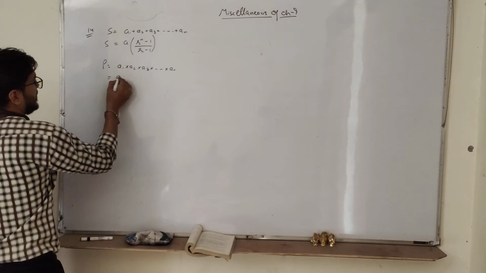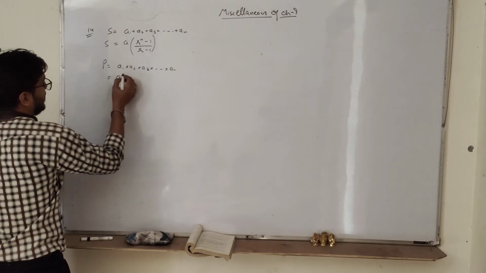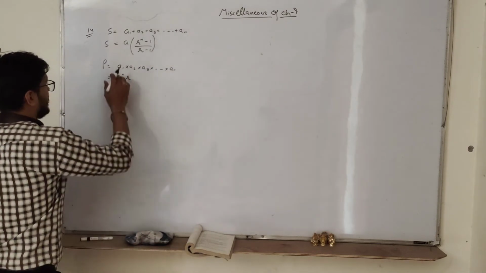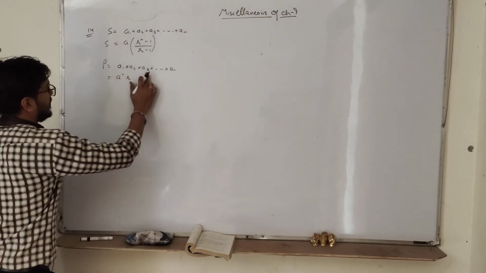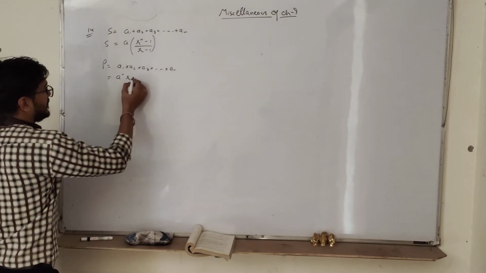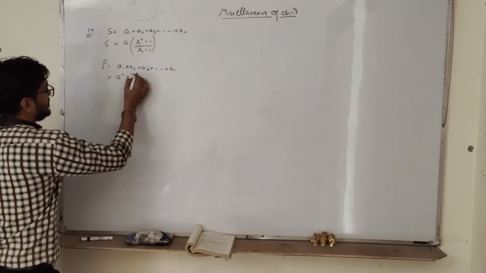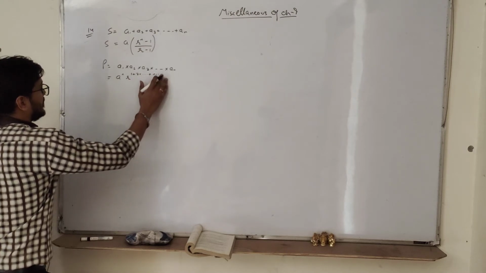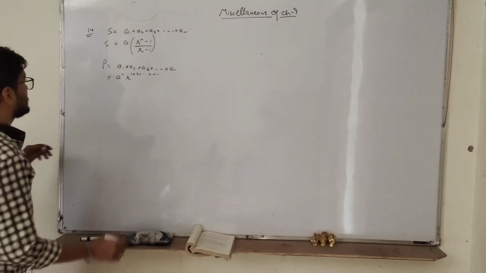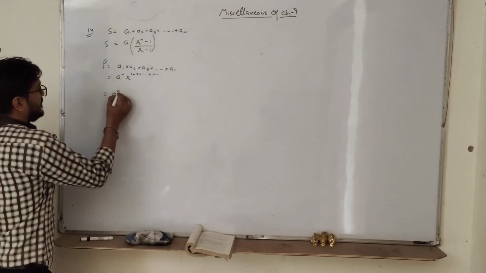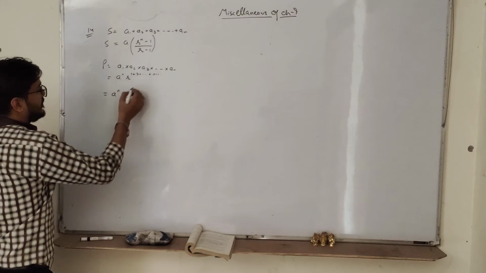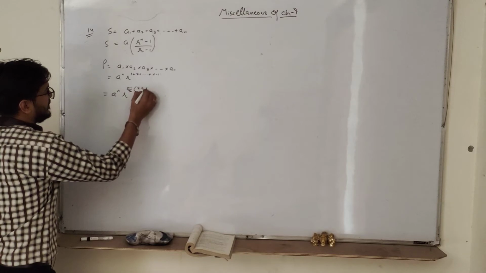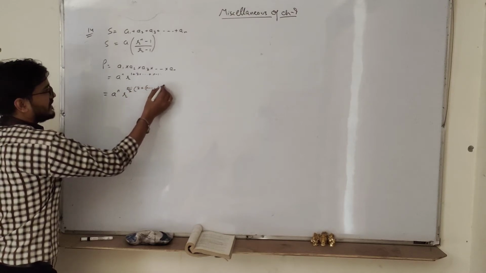So we can say a raised to n and r raised to the power, this will be r, r square, up to r raised to n minus 1. So r raised to 1 plus 2 up to n minus 1, right? So we can say it is a to the n, r raised to the power, the sum of n terms, n minus 1 upon 2, 2 plus n minus 1, d is 1, right?